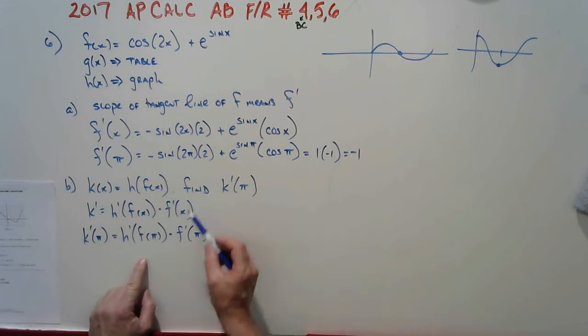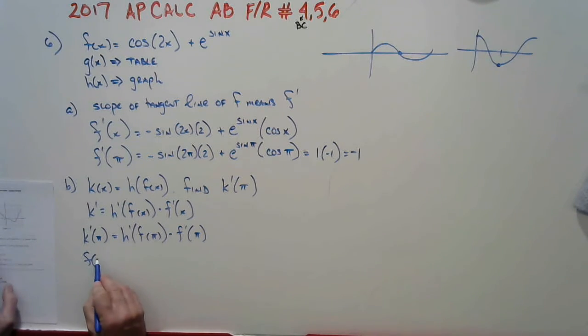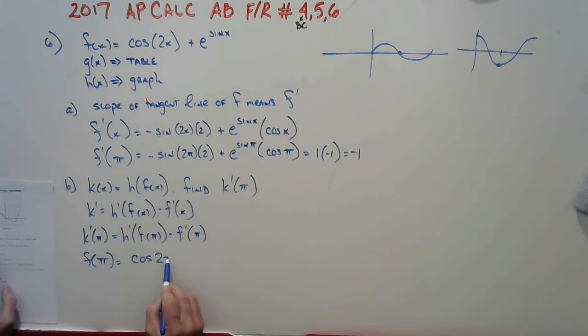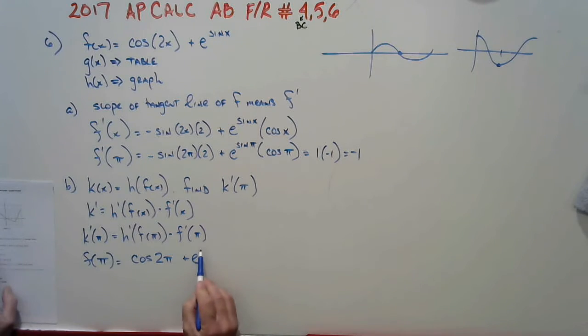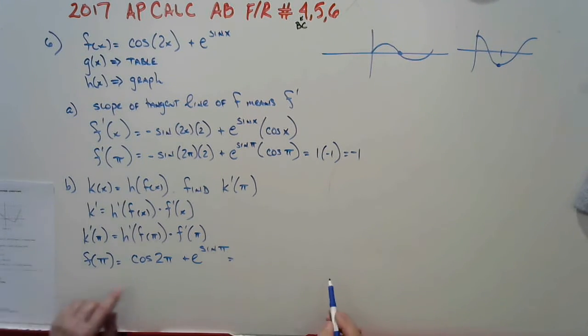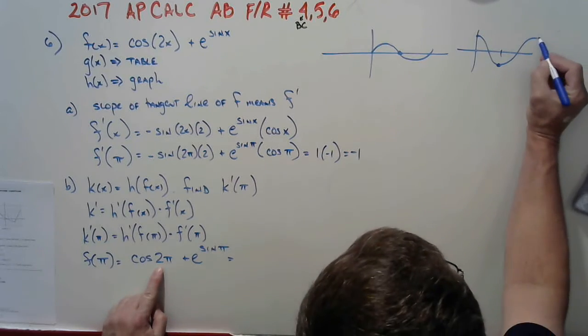We need f of pi. Okay, well we can find f of pi. F of pi is up here. So let's find f of pi. So that's going to be cosine of 2 pi plus e to the sine of pi. Just plugging in pi into my function for f. Now what do I get there? I get cosine of 2 pi. Cosine of 2 pi is 1.